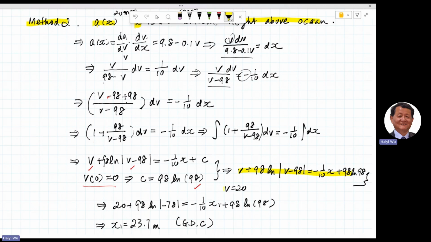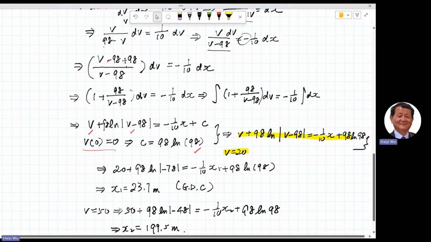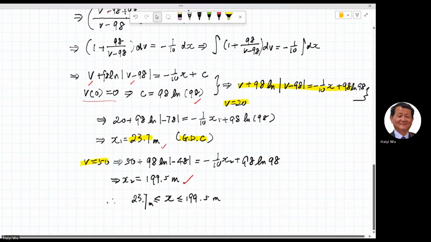Then I'll substitute v equal to 20 into the equation. We will find that the vertical x1 is 23, also using the GDC. Second one, substitute v equal to 50. We'll get x2 is 199.5. So the answer is the same as method number 1.